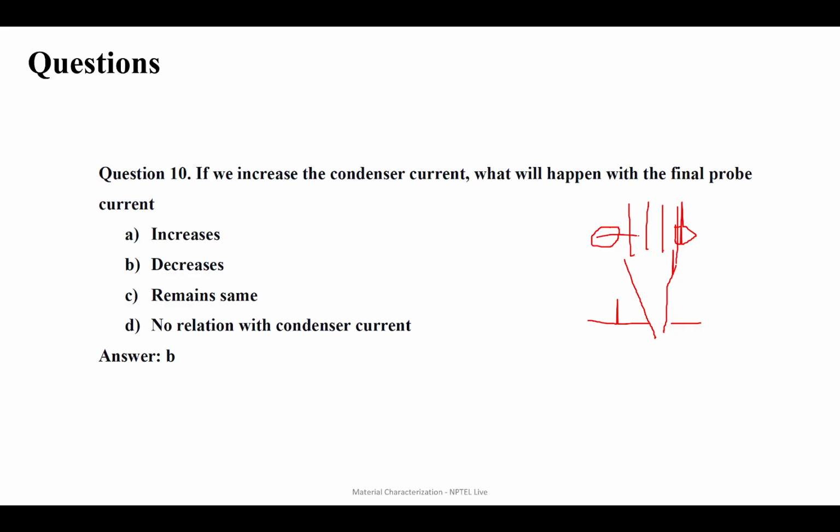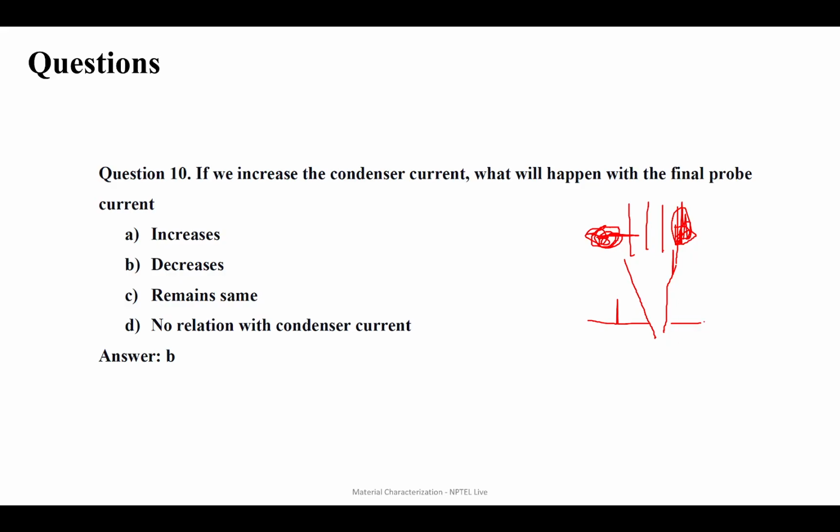So let's say this is your condenser lens here. If you have a low strength condenser, that is your condenser current is low, what will happen is your focal length out of the condenser will be high.